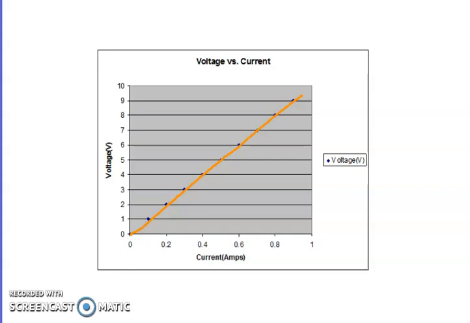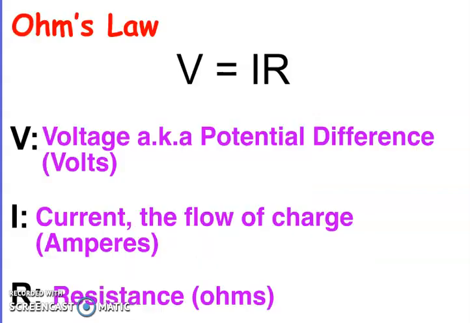That constant holding these two variables directly proportional is our resistance. In our equation of a line, y equals mx plus b, we would have voltage on our y-axis, current on our x-axis, and the resistance in the wire would be our slope.